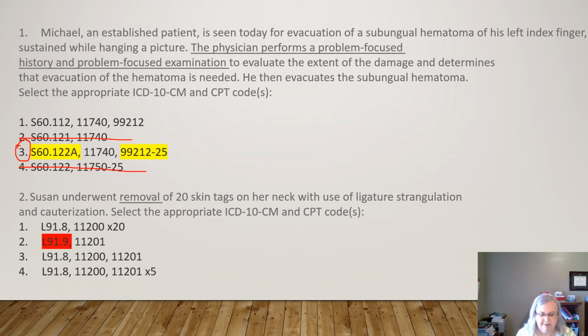So I know in this case scenario that I can pick up 15 skin tags with the 11200 code, but I still have 5 more. So why am I not looking at the times 5 on the 201? Well, when you read under 11201, it will say each additional 10 lesions or tags or part thereof.